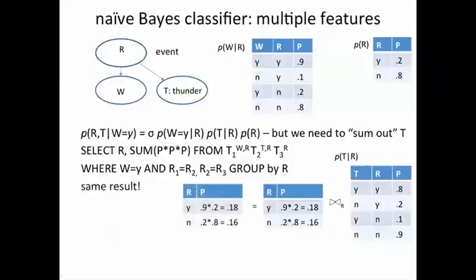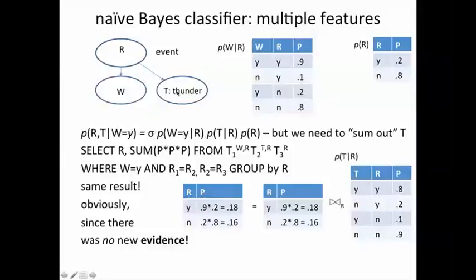But notice that we get the same result, because when we multiply this element by 0.8 for R equal to yes, and again by 0.2 for R equal to no, and then sum them up, we'll get the same result, because 0.8 plus 0.2 is 1. Similarly for 0.1 and 0.9. So it doesn't change anything. This is to be expected since there was no new evidence as compared to earlier. Just by including something new in our diagram, we couldn't expect to change our belief in R.